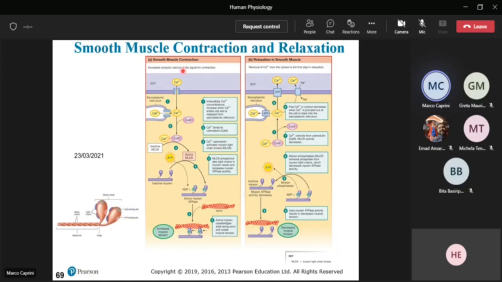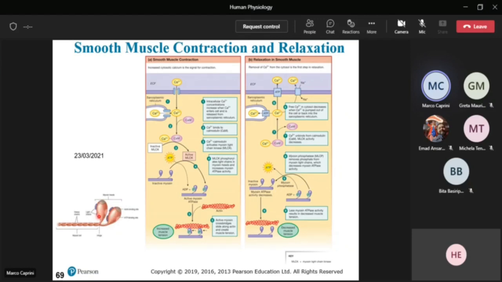Remember two things: the calcium increase can be outside or inside of the cell, and the base of the contraction in the smooth muscle cell, I put here the same structure that we have seen in the skeletal muscle cell, just to show you that at the base of the myosin head there is this small regulatory protein called myosin light chain.